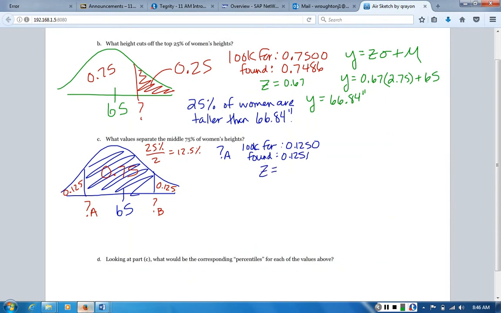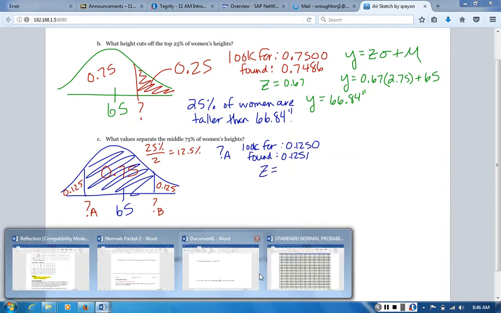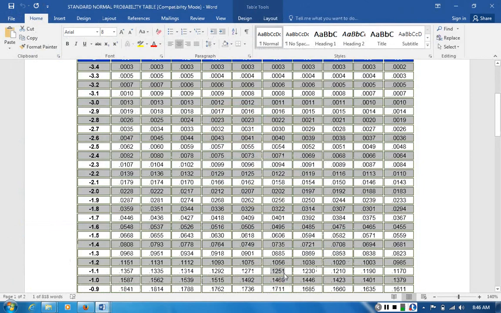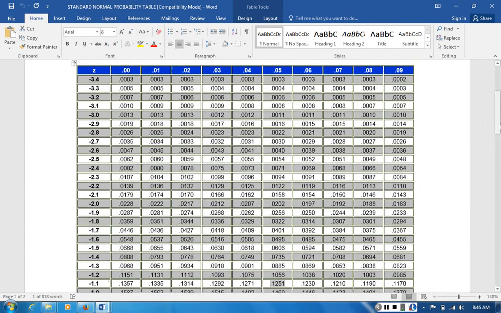Now I need to figure out what that z actually is. So what row is that at? Negative 1.1. What column is that at? The 5.